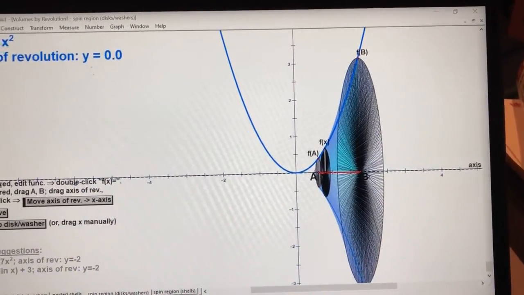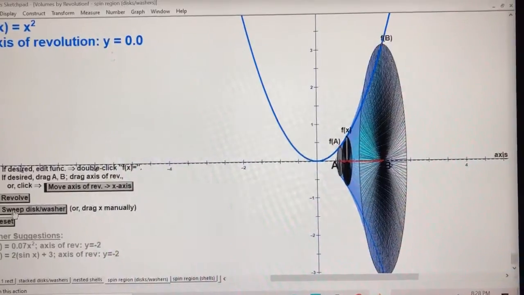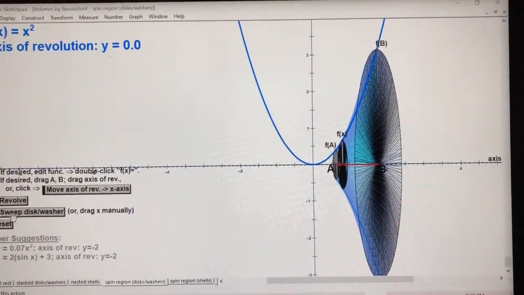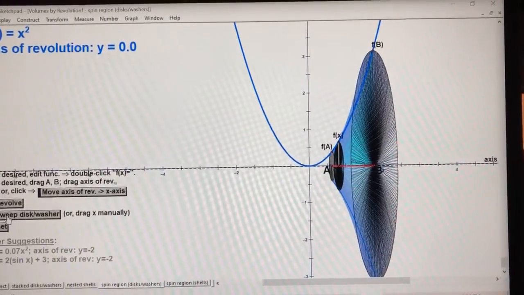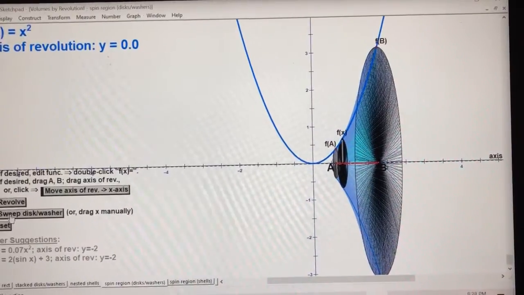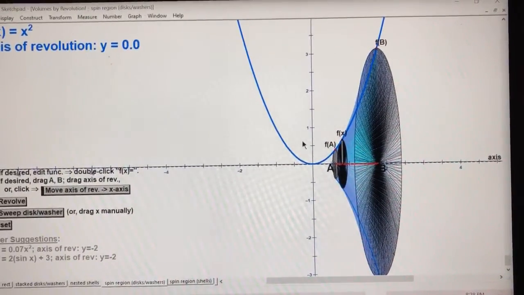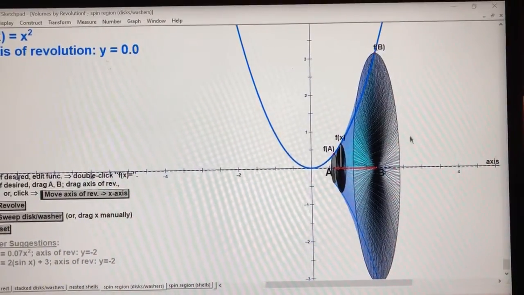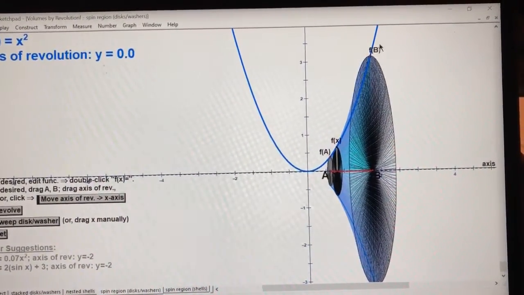All right, so then how would I find the volume of that figure? Well, in order to find the volume of that figure, I would add up the area of each of those circles. What's the area of a circle? Pi r squared. And what would the radius be? The radius would be from the x-axis here all the way up to the function.